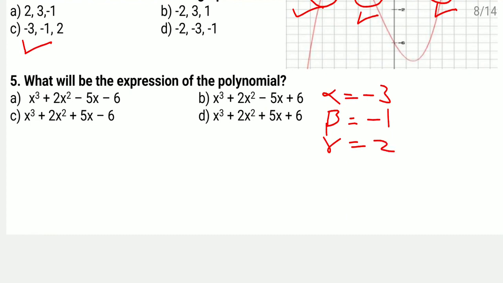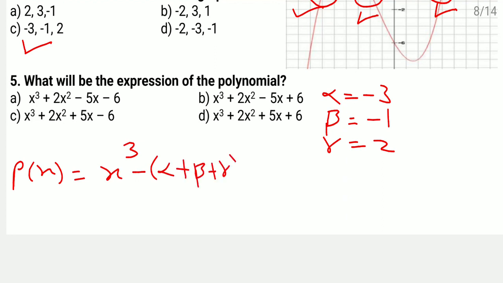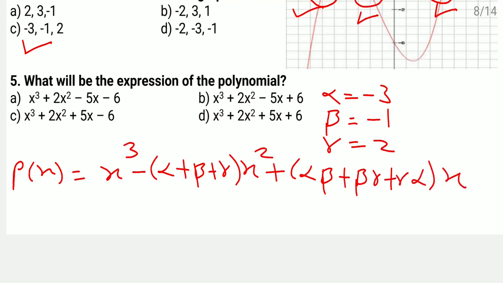Whenever a cubic polynomial is there, the way of writing the cubic polynomial is p of x equals x cube minus alpha plus beta plus gamma into x square plus alpha beta plus beta gamma plus gamma alpha into x minus alpha beta gamma.